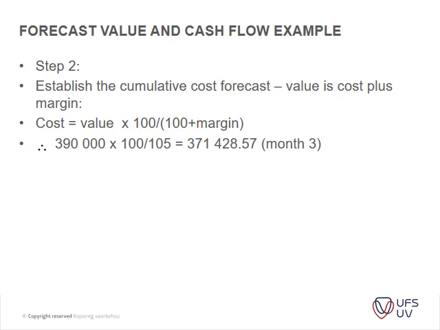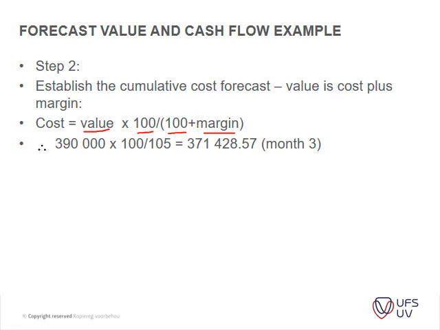Step 2 of the example is to establish the cumulative cost for this project. So your cost is the value of work that you've done times 100, divided by 100 plus your margin.